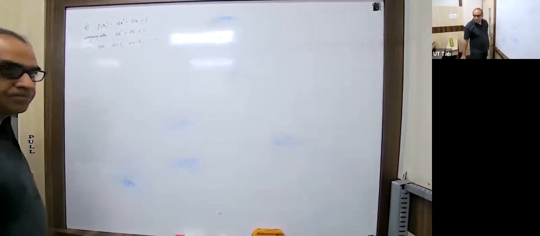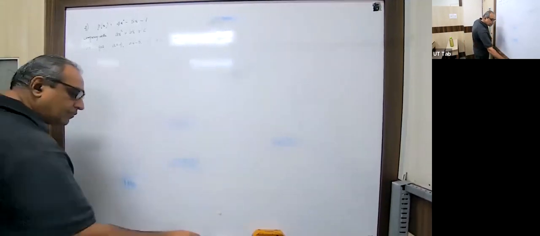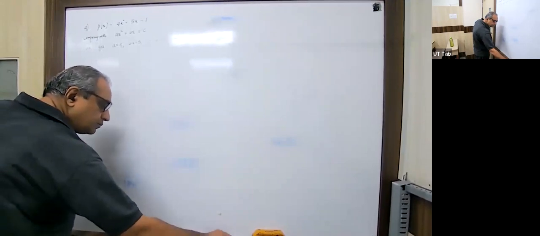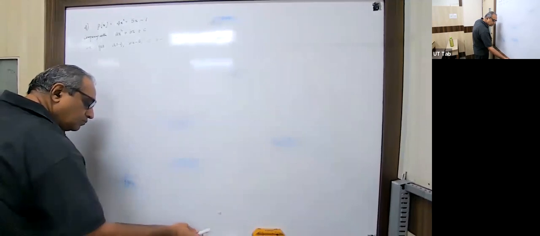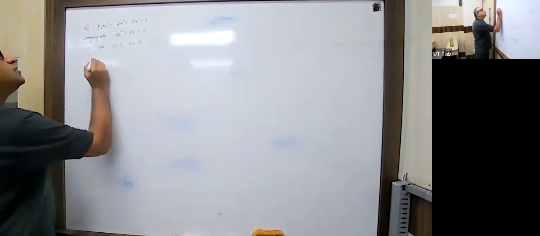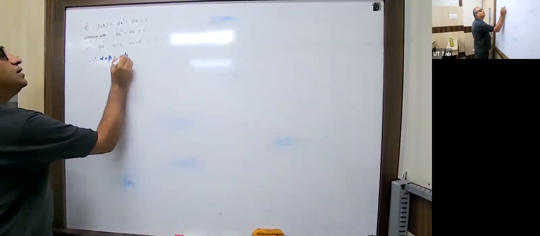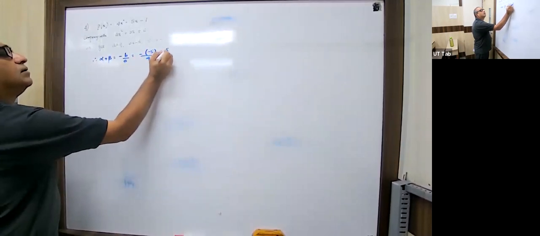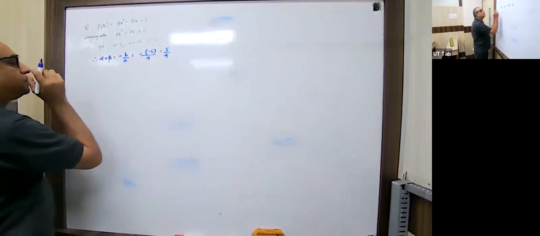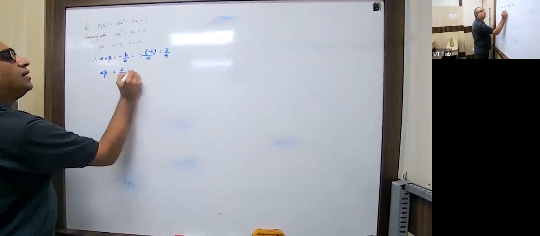Okay, clear to here? Sum of the zeros, alpha plus beta is minus b by a. Okay. Product of the zeros, c by a.